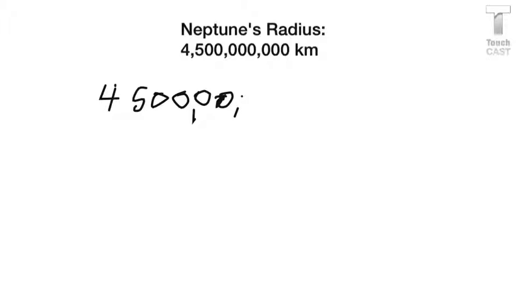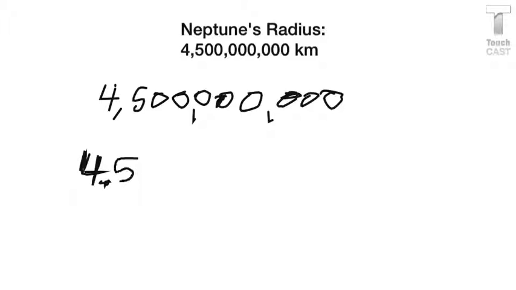Oop, too many commas. Alright, 4,500,000,000. We need to start with our 4. It can't be 45 because that would not be between 1 and 9.